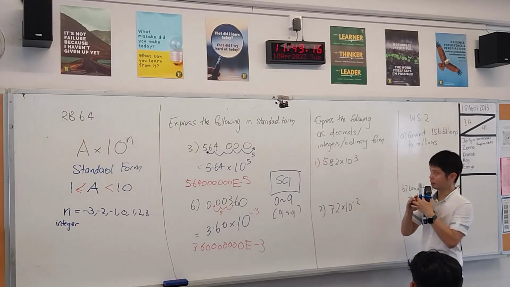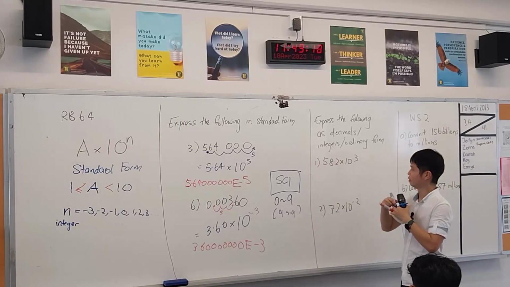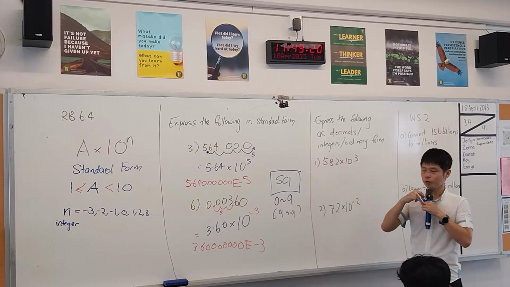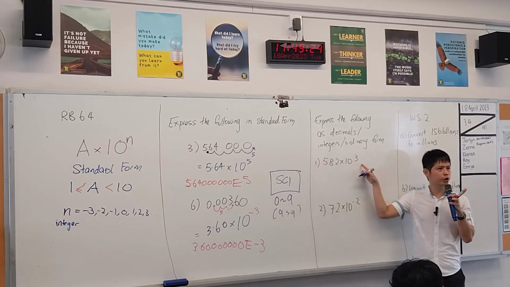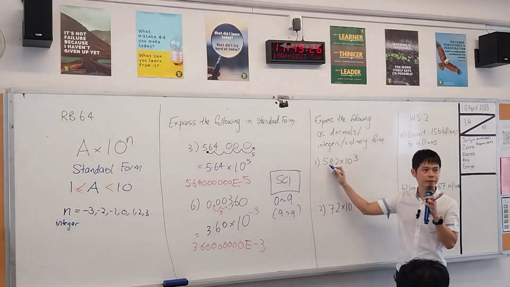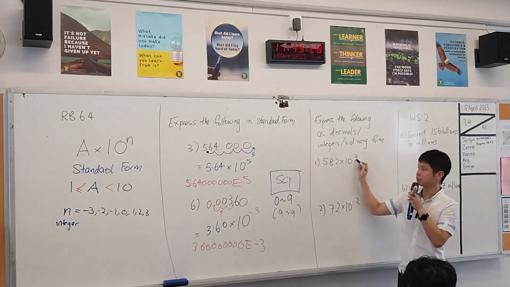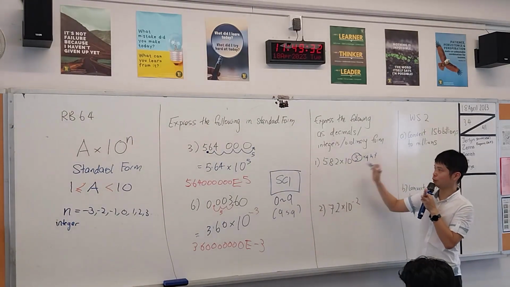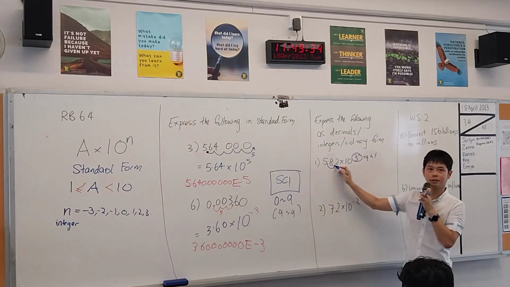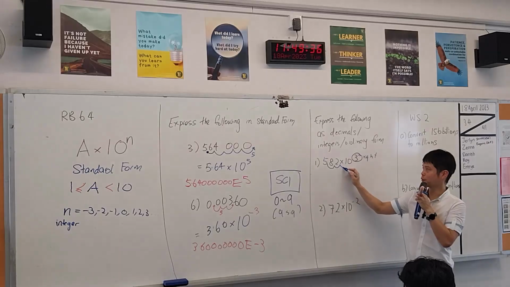So what you do now is, I have 5.82. What does it mean if I need to multiply by 10 cubed? I need to move the dot how many times? 3 times to the right. So how you do it is like that. 1, 2, 3.